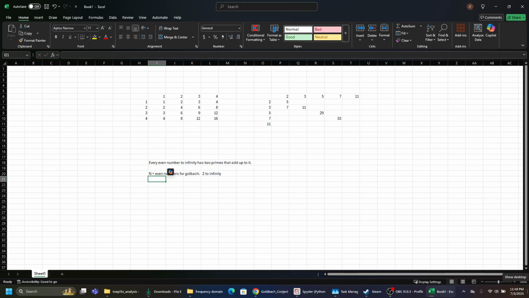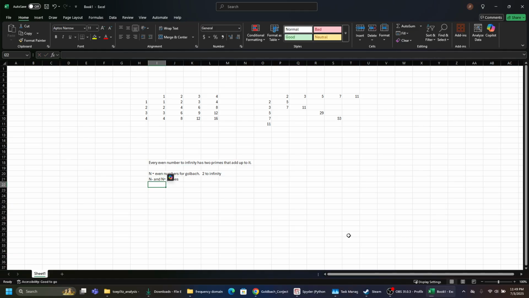But what I want to share is I found a frequency for Goldbach, and it's very similar to the frequency for the prime numbers for the Henkel. The Henkel one's actually more complicated. This one's simpler. So n is the even numbers for infinity. Then what we do is we have what's called n minus and n plus primes.